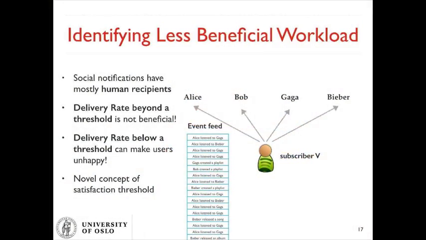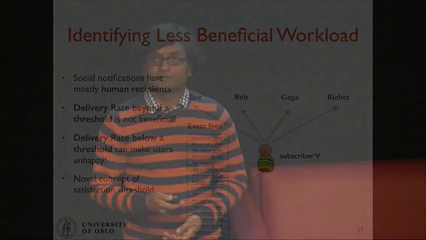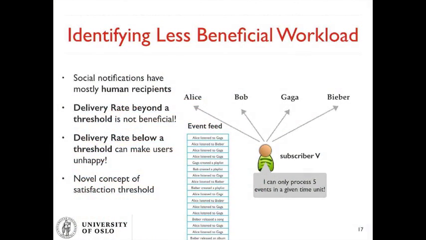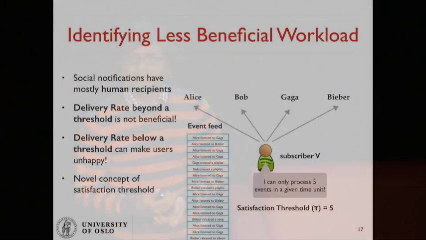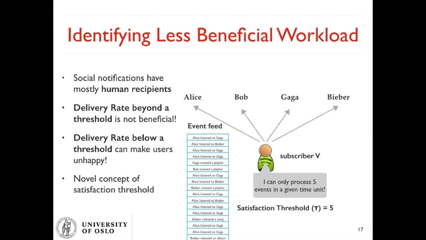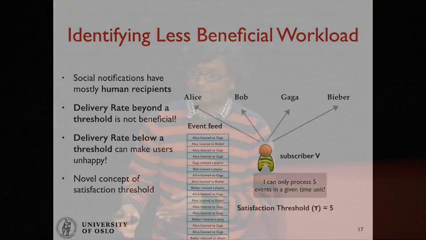So let's say we have a subscriber who subscribes to two of his friends, Alice and Bob, and two celebrities, Gaga and Bieber. But all of them together produce a lot of events, which is too much for the subscriber to handle. The subscriber says that I can only handle 5 events at any given point of time. So this gives us a threshold on satisfaction for the user, and we set that to be 5, which is the processing capacity limit for the user.